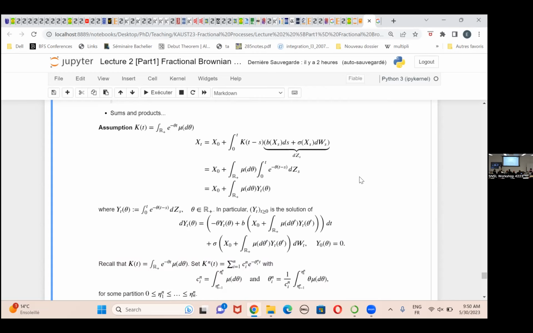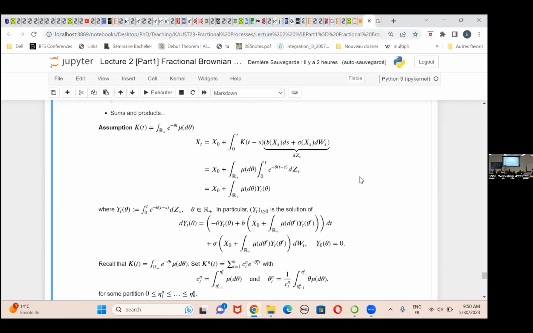Okay, so why is this interesting? First, let's try to understand what these y's are. By looking at the dynamics, essentially y_t solves an SDE and is Markovian. The system of y_t, as I make theta vary, is Markovian. They share the same dynamics. The y theta does not enter here, it enters in a sum.